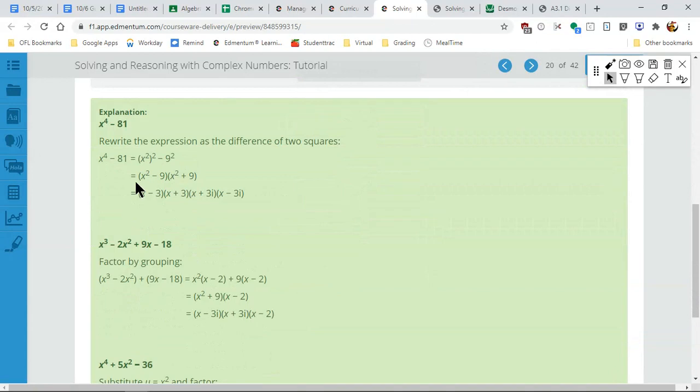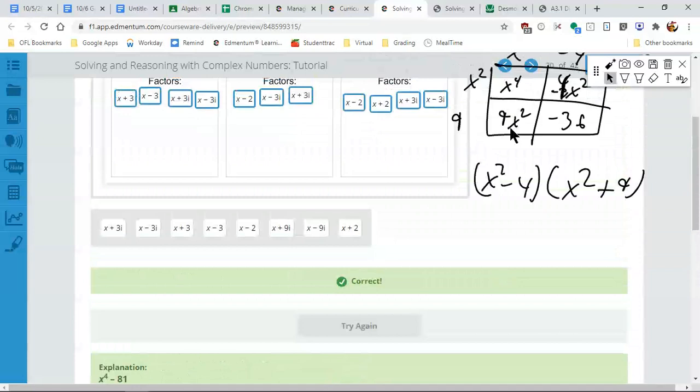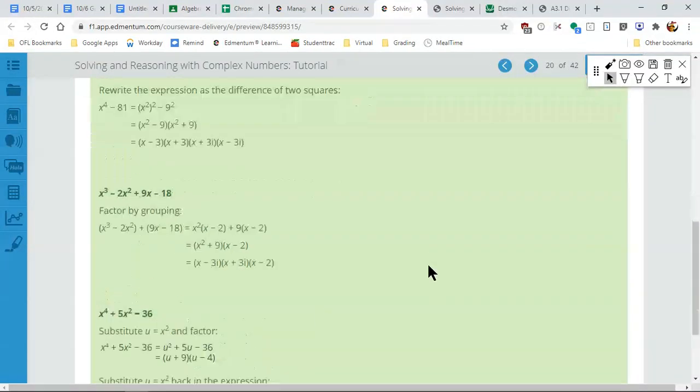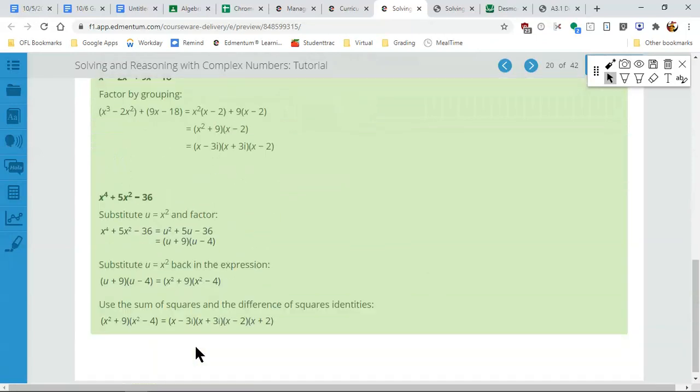Again, they're doing it by factoring by grouping. I like doing all this stuff here because they don't use the box method. The box method I think is the best way to do it, because here it's like, how did they do this? They didn't do the box method, so it's kind of hard to see what they're doing here.